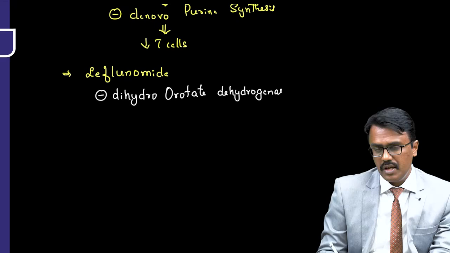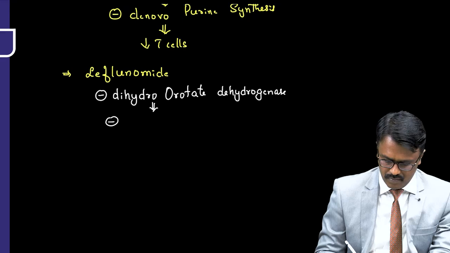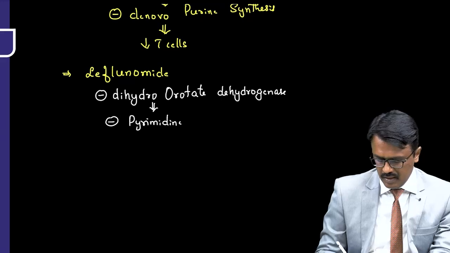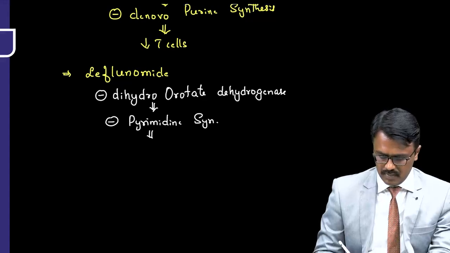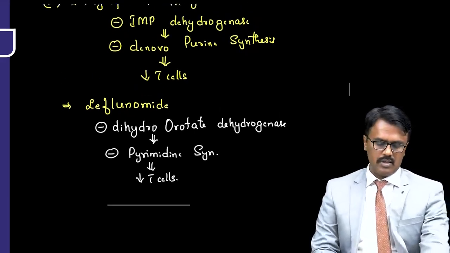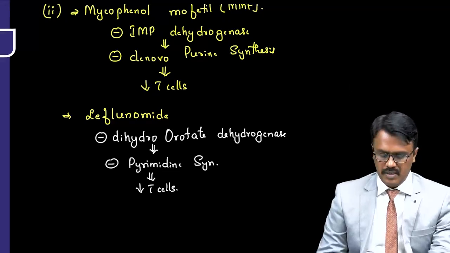What happens when you inhibit this? It will lead to inhibition of pyrimidine synthesis. If pyrimidine synthesis is not happening, again the T cell proliferation will decrease. So this is what the drugs mycophenolate and leflunomide do.